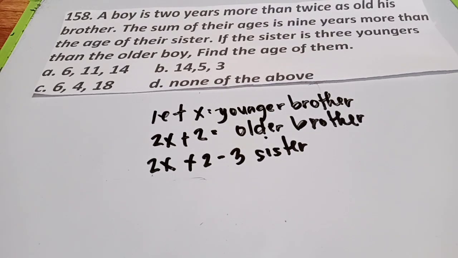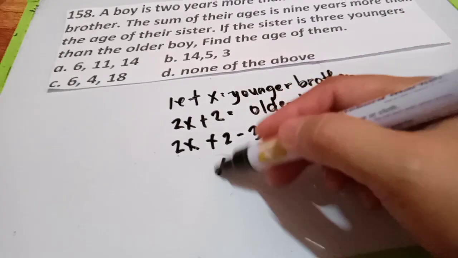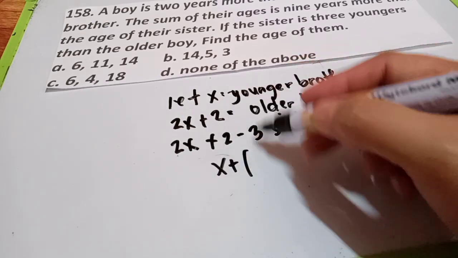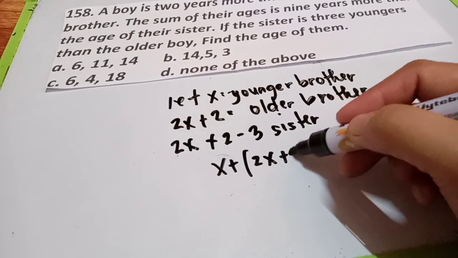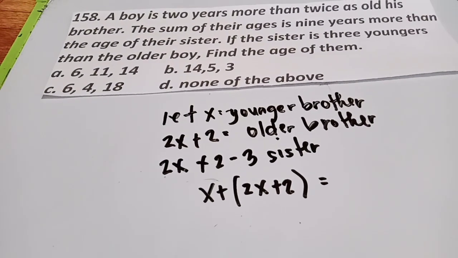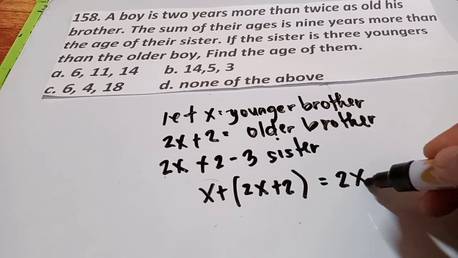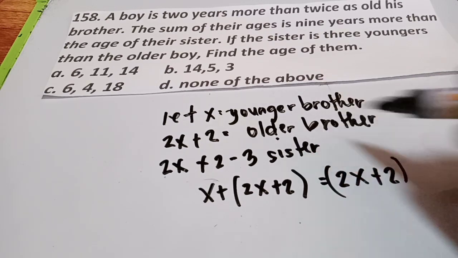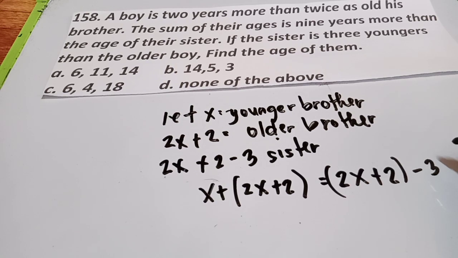Okay, how do we solve for this one? So, again, let's try to add. x for the age of the younger brother plus 2x plus 2, the older brother. And then is equal to, if the sister is 3 years younger than the older boy, so we have (2x plus 2) minus 3, and then after that, we have the plus 9.